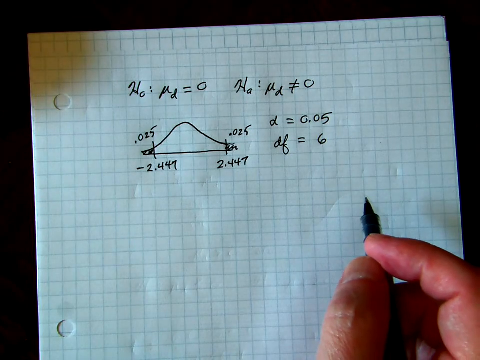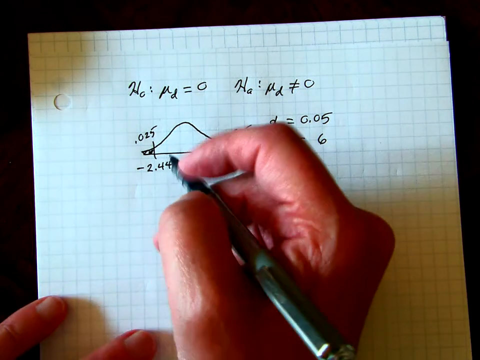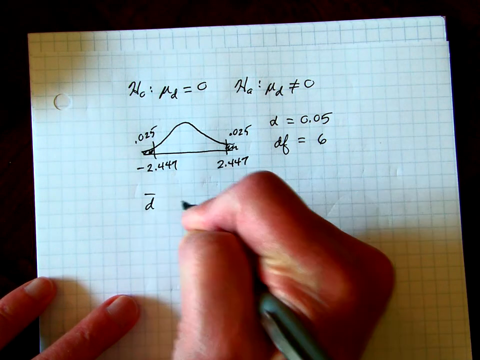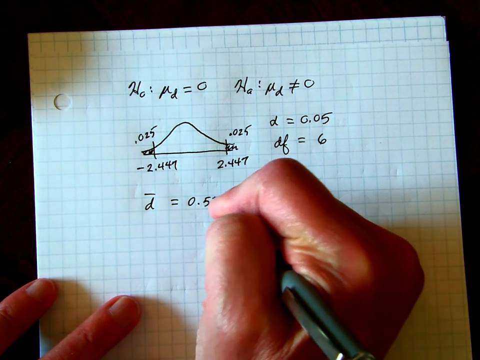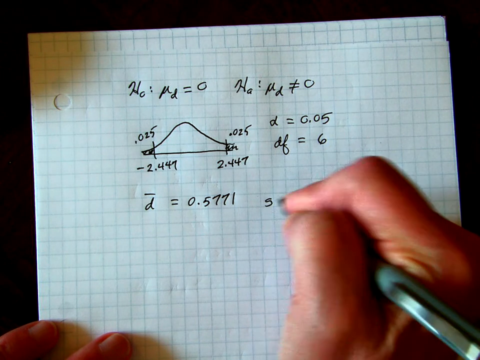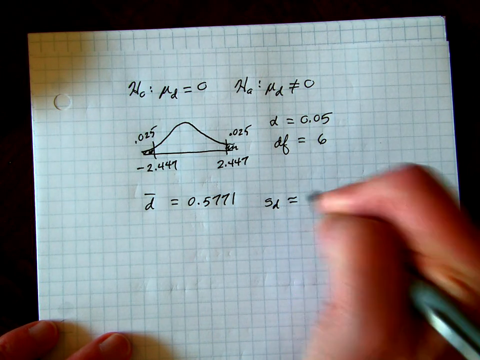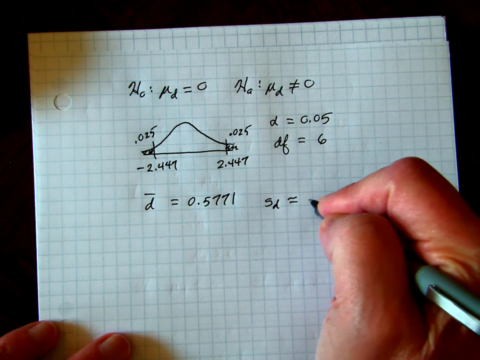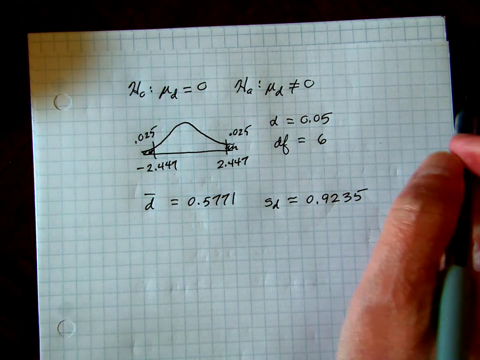Now, I did tell you that I had computed certain values. In particular, I found out that D bar is 0.5771, and I computed SD, which the calculator will happily give us, as 0.9235.